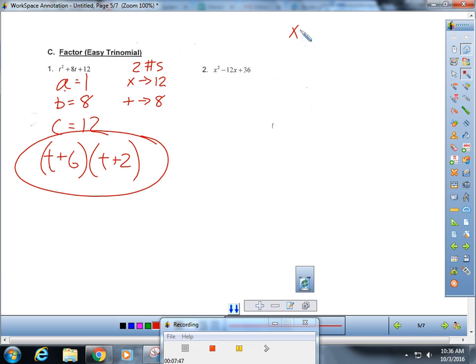Looking for two numbers that multiply to be 36 and that add to be negative 12. Okay? Let's see. Well, since they multiply to be positive, they've got to both be negative because they add to be negative. And so I'm thinking, let's see, 9 times 4, that's not it.